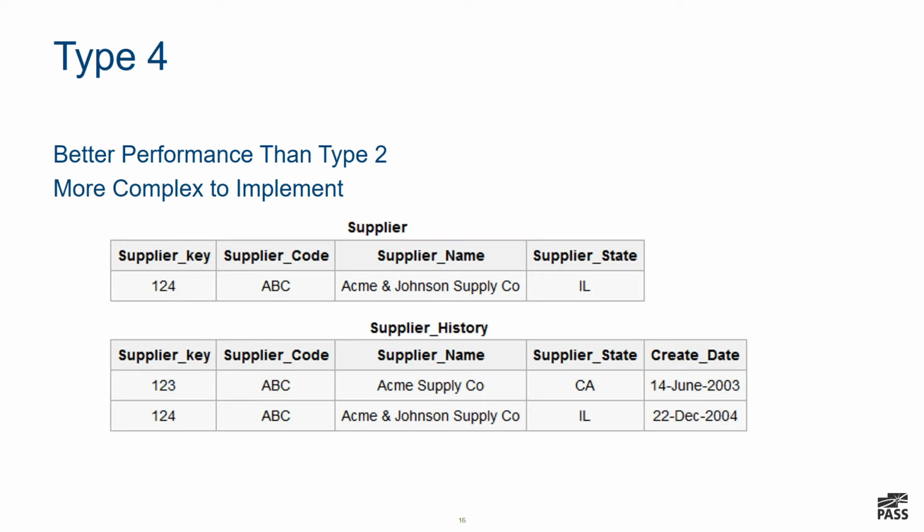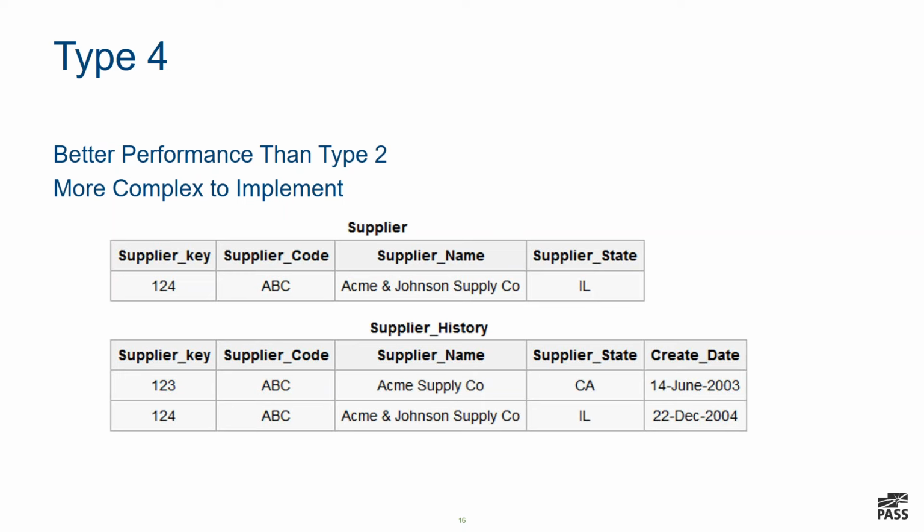Type 4 is great, much better than type 2. The only problem with type 4 is that it's more complex to implement, especially on the ETL side, because you have to be careful about quite a lot of things: inserting, deleting from two tables, syncing these two tables together. These are all things you need to do in ETL.